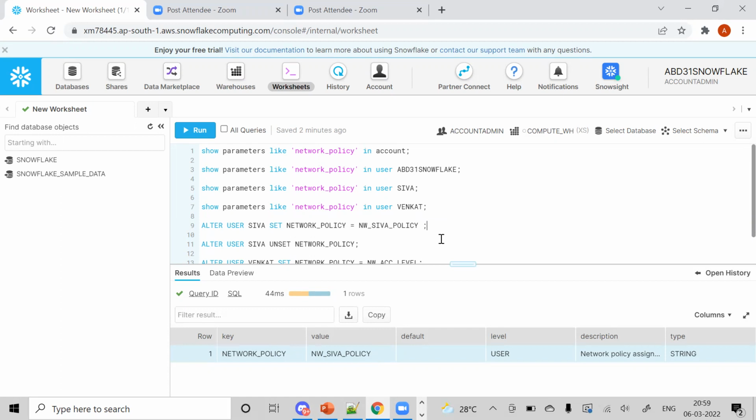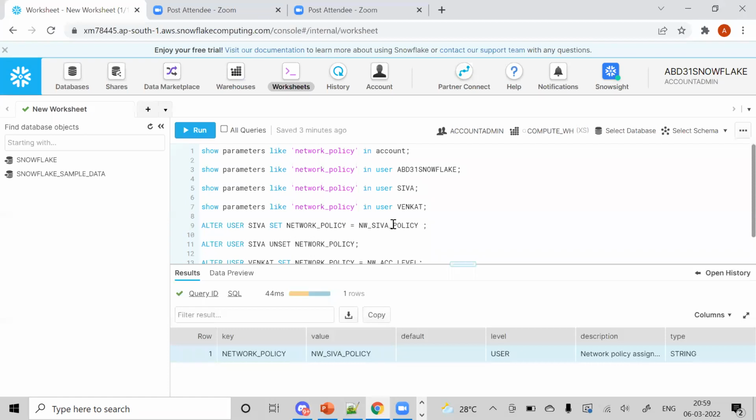That user level policy is specific, only given my IP address, so I'm able to log in. Others are still not able to log in. So in this case, the user level policy is taking precedence when we have both account level and user level policy.